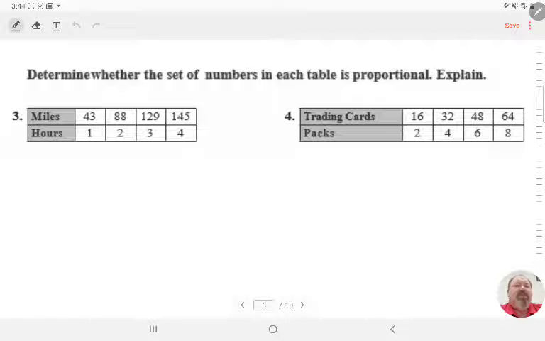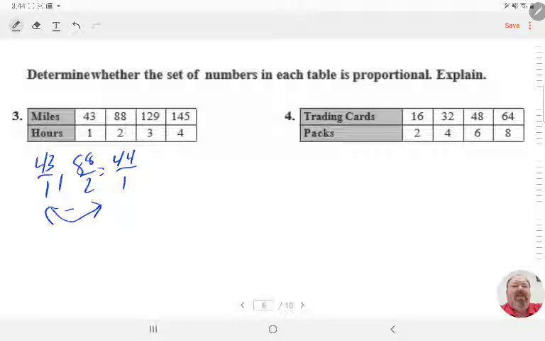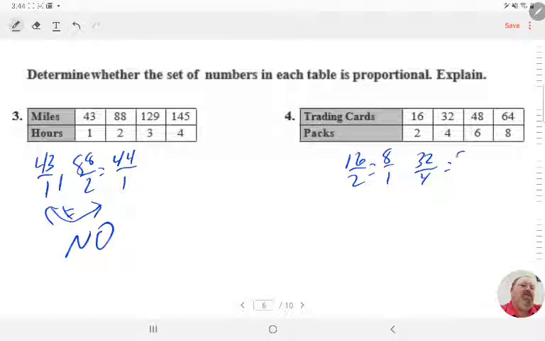All right, let's try this one. 43/1 is simplified all the way down. 88/2 is going to give me 44/1. Well, right there. Again, those are not equal. So no, they are not proportional. We look at this one, we have 16 over 2, which would give me 8 over 1. 32 over 4 is going to give me 8 over 1. 48 over 6 is going to give me 8 over 1.